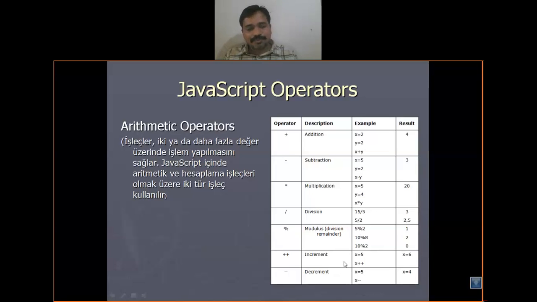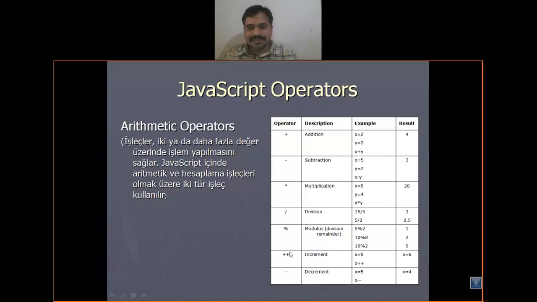The increment has pre-increment and post-increment, and there are two differences between them. For example, I declare a equal to 5 and use the plus plus symbol. Pre-increment means the value is incremented before it is displayed. Post-increment means it displays the value and then increments.